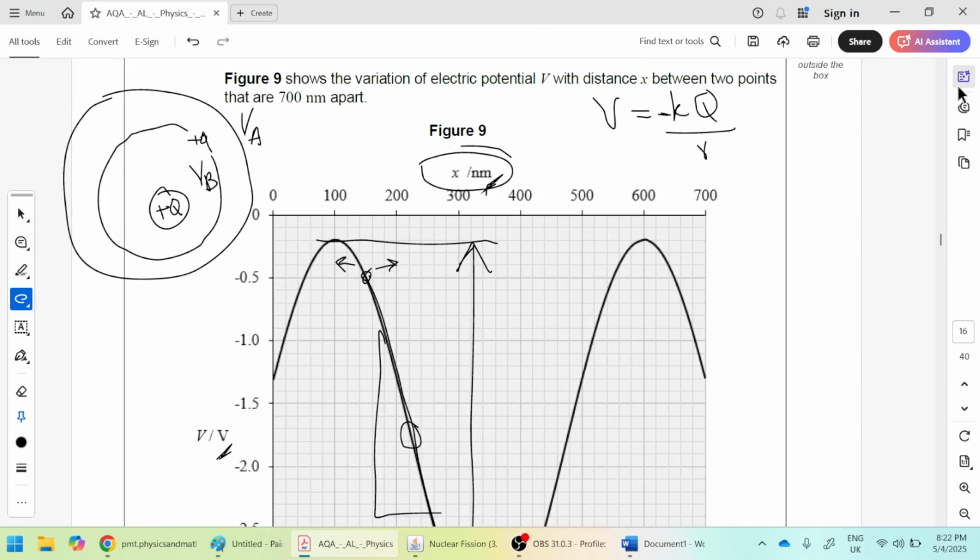I'm going to pause and quickly check the mark scheme. I just looked at the mark scheme and I don't agree, because what they're saying is that the initial direction of motion is towards the left, which is 100, this side.